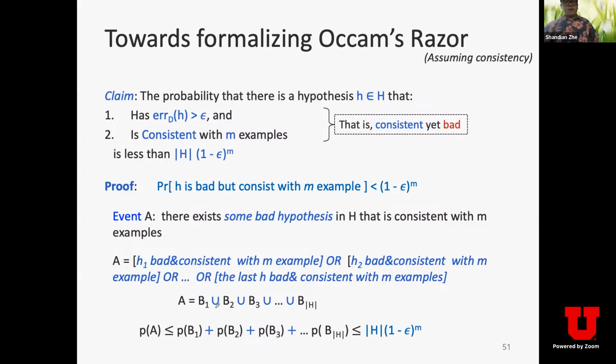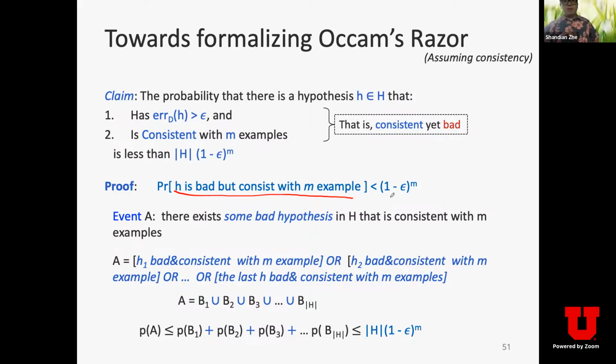And then what is the probability of each B? Any thought? Yeah, this is something we have just analyzed. For any particular hypothesis, it's bad yet consistent with M examples.